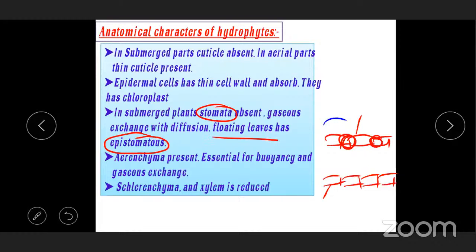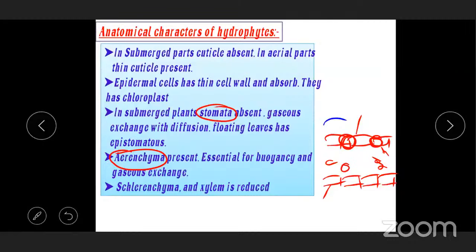In floating leaves, parenchyma is present. Parenchyma means the leaves have air bubbles; the parenchyma is filled by air.